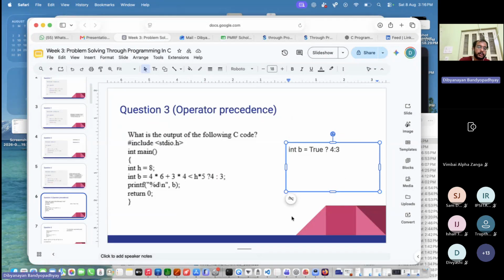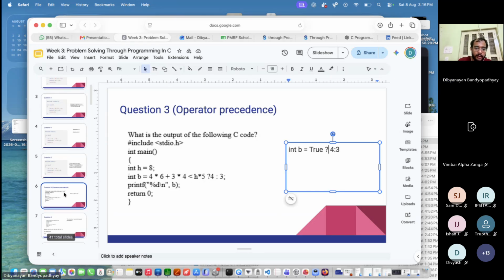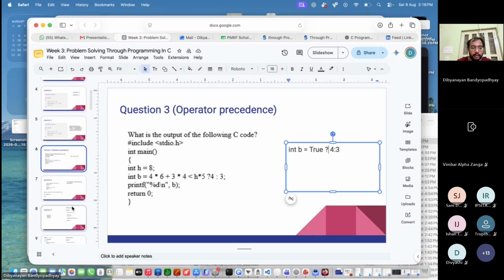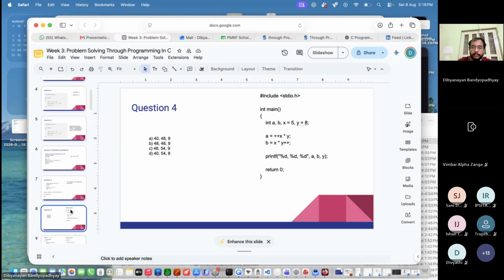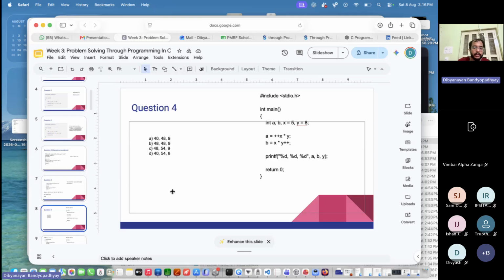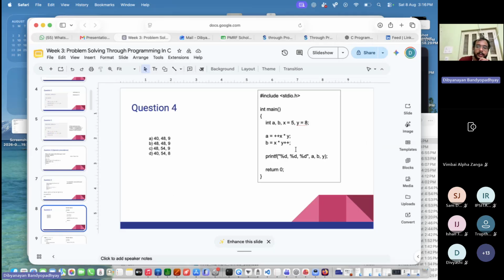Anyway, it is lesser than 40. Yeah, 36. Okay, I don't know why I said 38. Yeah, thanks for that. So this is question number 4, and this is the question actually.